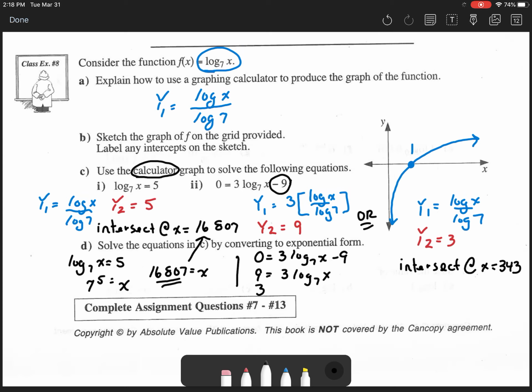Now divide both sides by 3, so you have 3 is equal to log base 7 of x. Now I can convert to exponential form, so 7 to the exponent of 3 is equal to x, and you'll see that is 343. There's my answer, and that is the same thing I got when I solved it graphically by finding the intersection points.